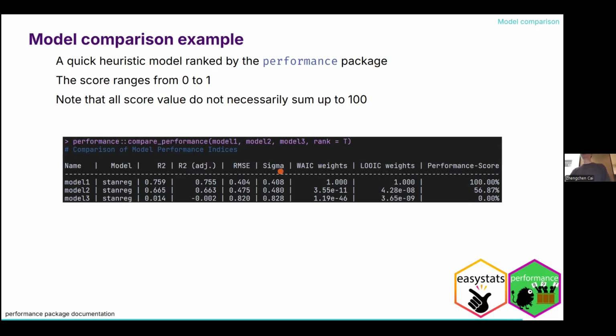But of course, if you want to prioritize, let's say, generalizability, you can assess by yourself. So the idea of model comparison is you need to know what your criteria are, right? You don't want to just use this default stuff and get a model that says this is the best, because even if it says it's the best, how do you explain it's best in which sense, right?